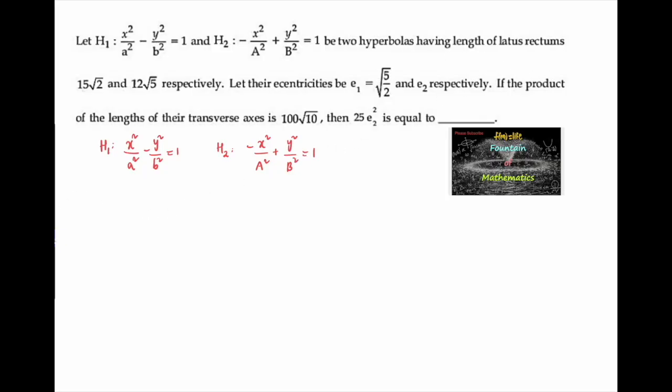Having length of latus rectum, so here latus rectum we can say 2b square upon a, which is given as 15 root 2, and here we can write 2 capital A square by b is equal to 12 root 5, and their eccentricities E1 is equal to under root of 5 by 2, which is under root of 1 plus b square by a square, and here we need to find the eccentricity E2.